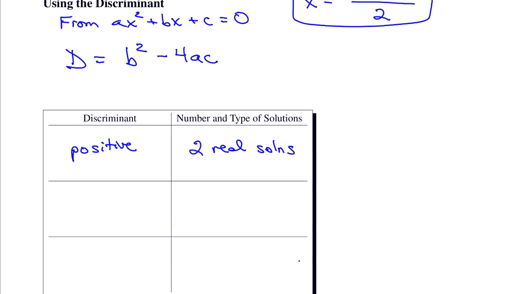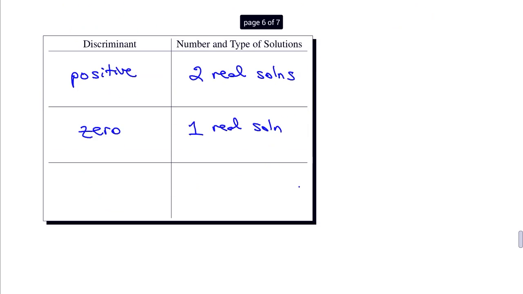If the discriminant turns out to be 0, then there is exactly one real solution. And if the discriminant turns out to be negative, then there are two imaginary solutions.